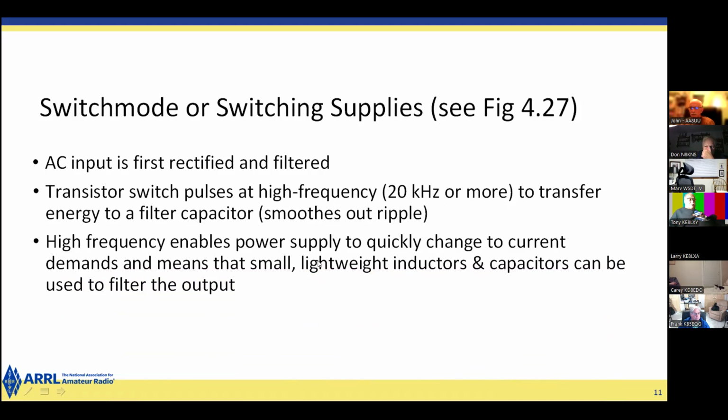High frequency enables the power supply to quickly change to current demands and means that small, lightweight inductors and capacitors can be used to filter the output. And boy, they're so much lighter than the old ones.